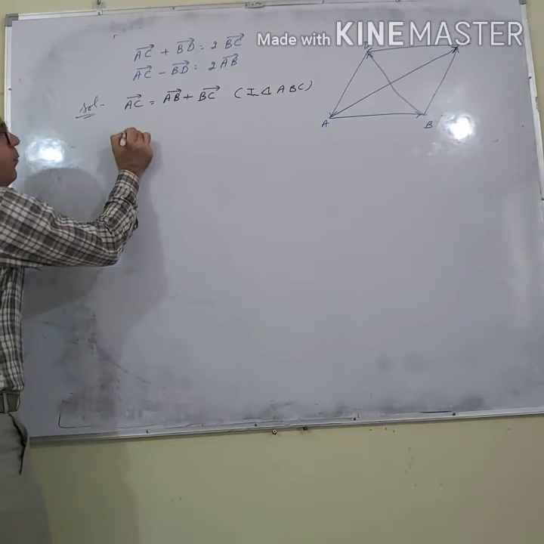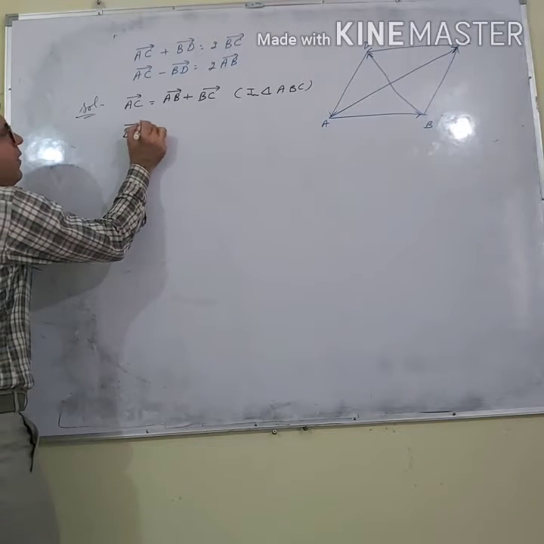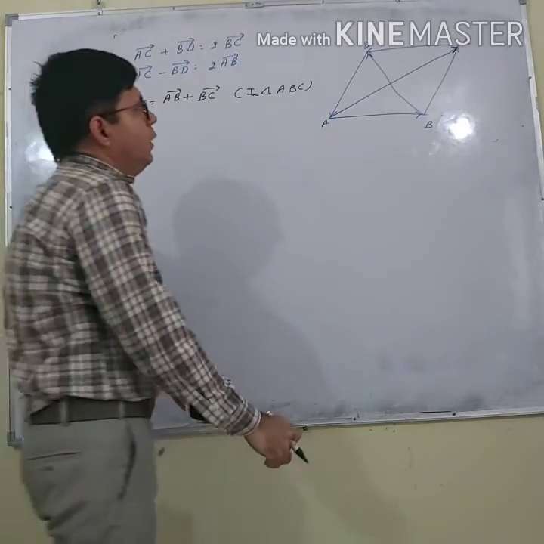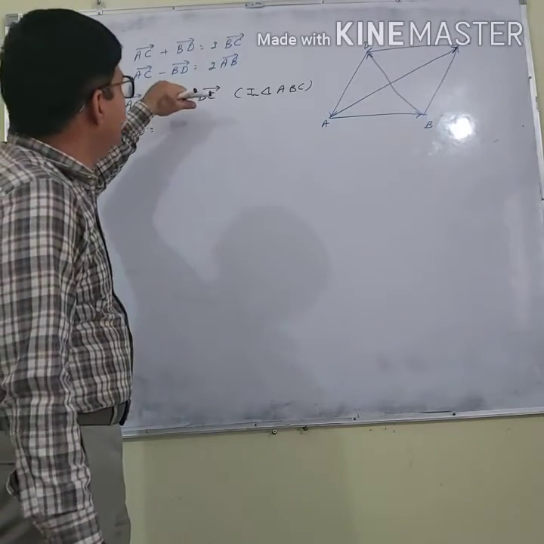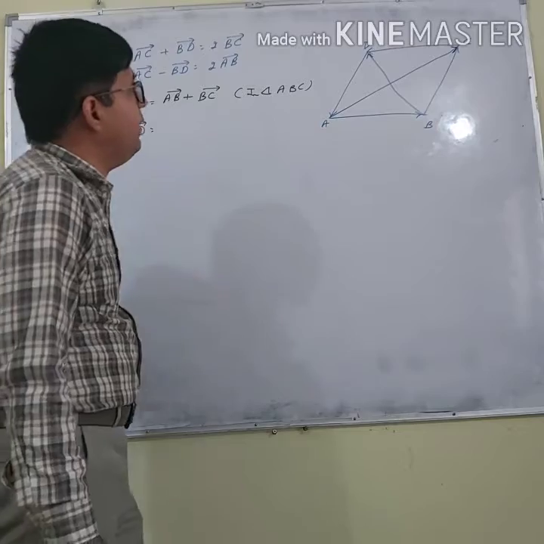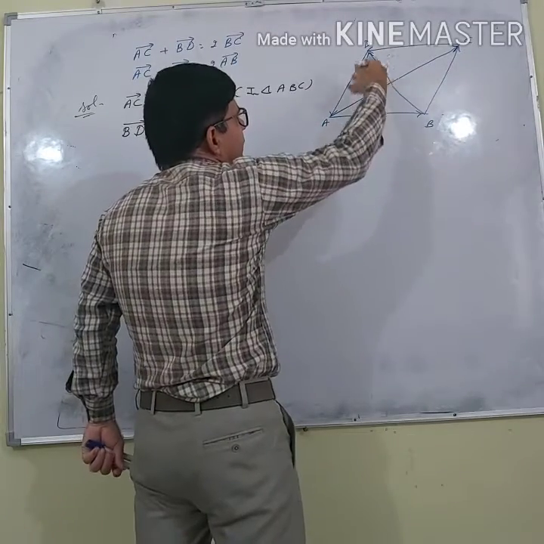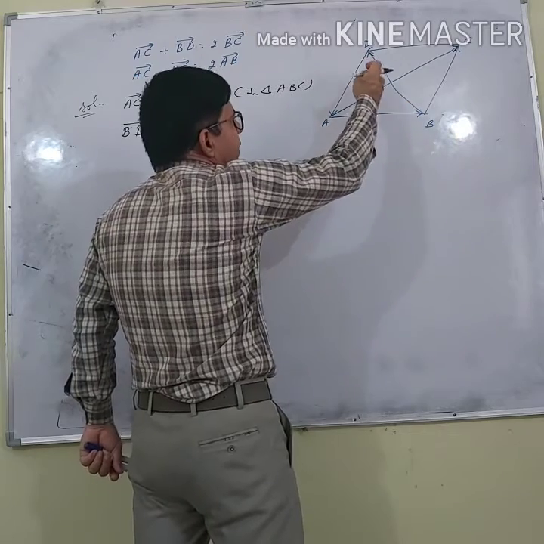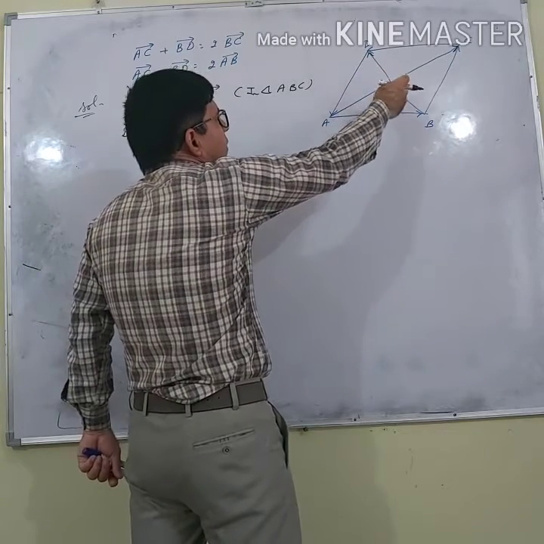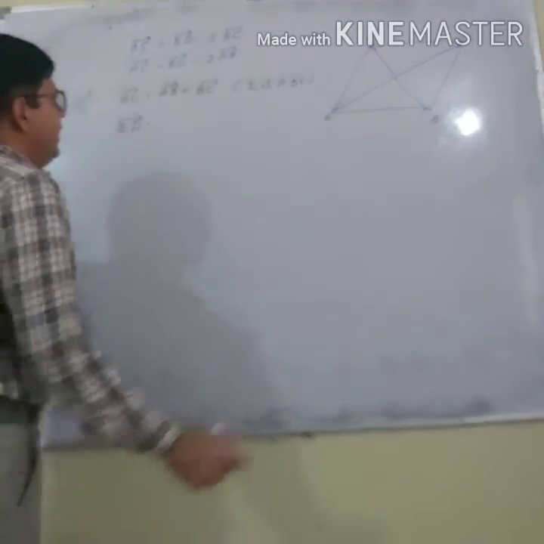And what is vector BD? Take a triangle which has BD. So what is that triangle?